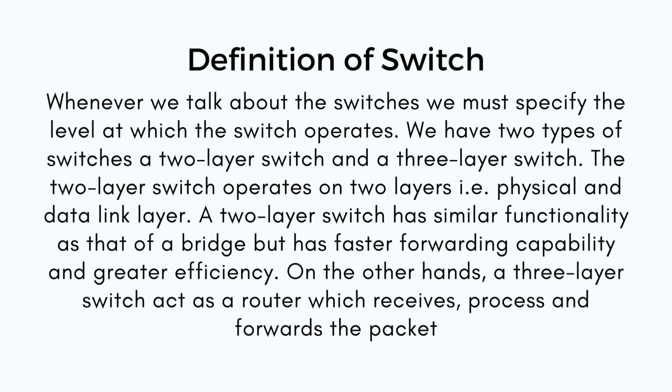A two-layer switch has similar functionality to that of a bridge, but has faster forwarding capability and greater efficiency. On the other hand, a three-layer switch acts as a router, which receives, processes, and forwards the packet.